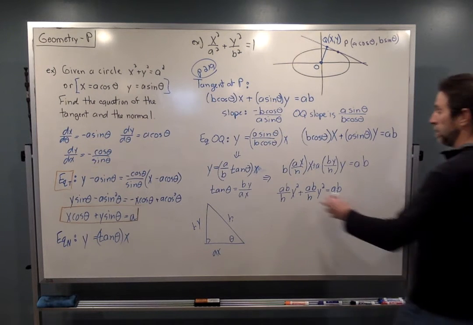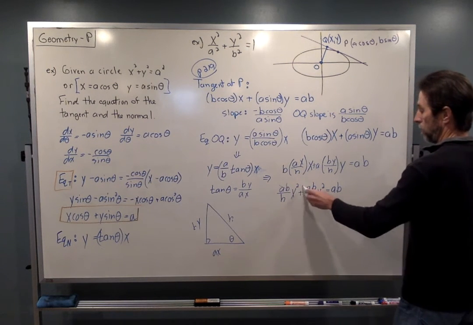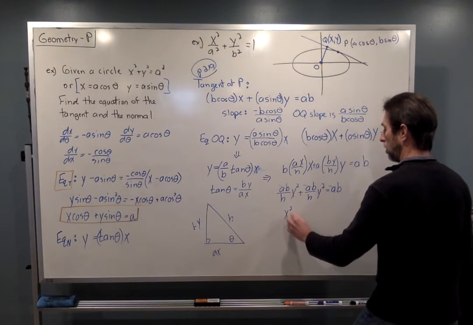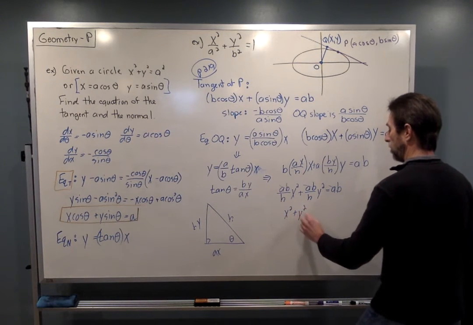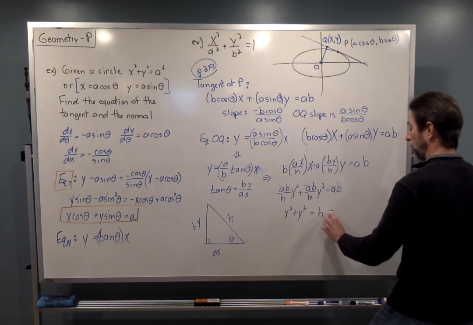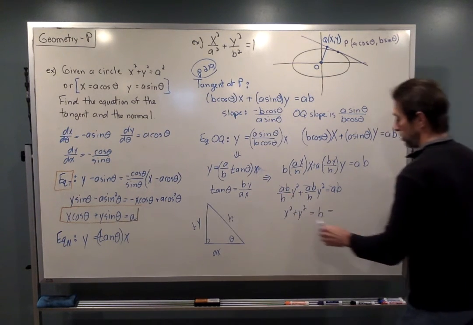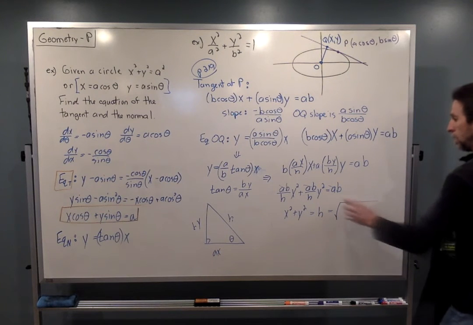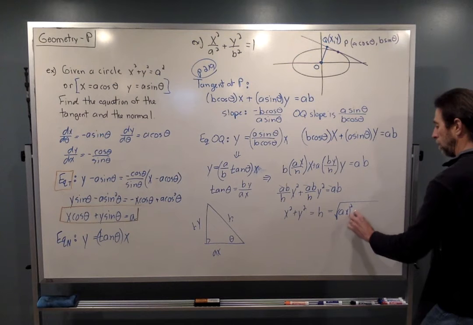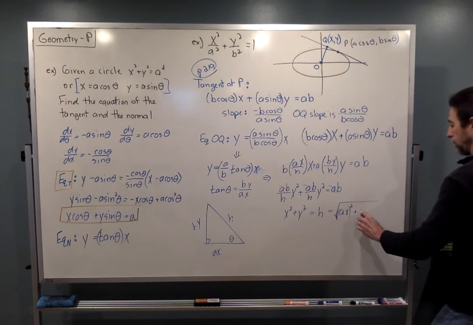Simplifying that a little bit, we can obviously take out the AB's, and we get x squared plus y squared equals basically h. But what is h? H is the square root of ax squared plus by squared. Sorry, by squared.